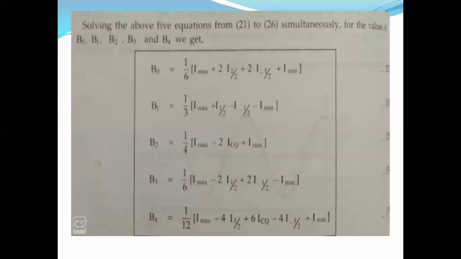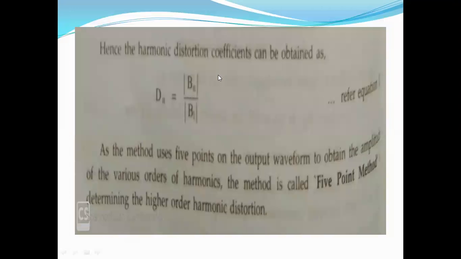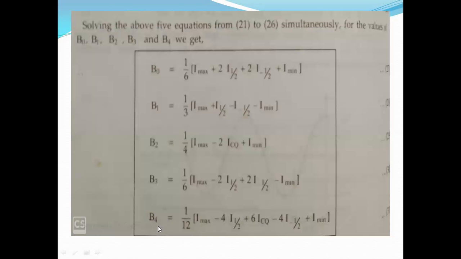If you have n number of harmonic components, then the distortion becomes Dn is equal to mod Bn by B1. In this case the higher order distortion is B4. This is the maximum distortion, the higher order harmonic component. So that's why distortion becomes mod B4 by mod B1 into 100.